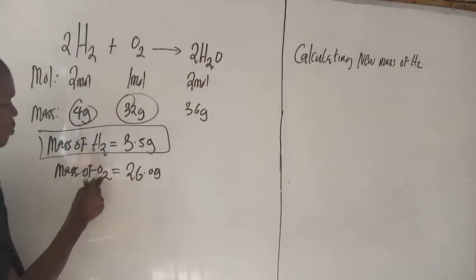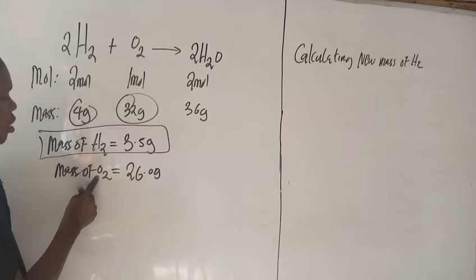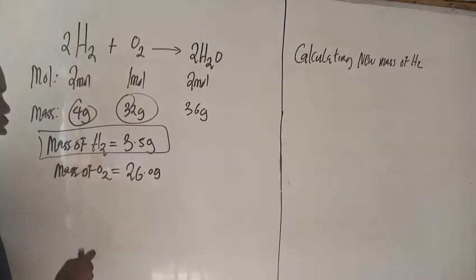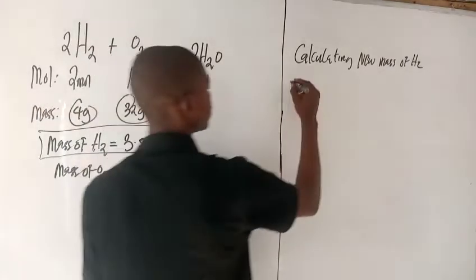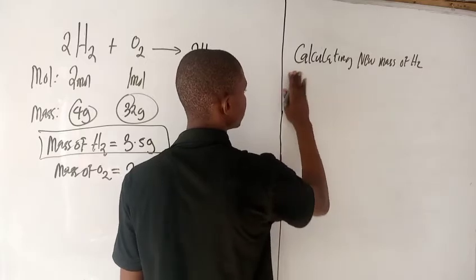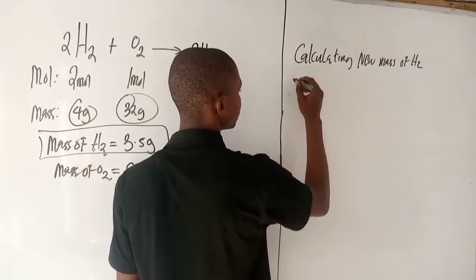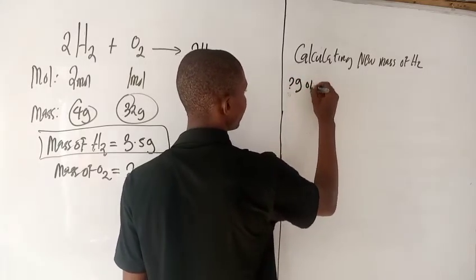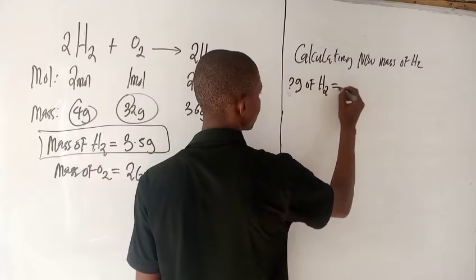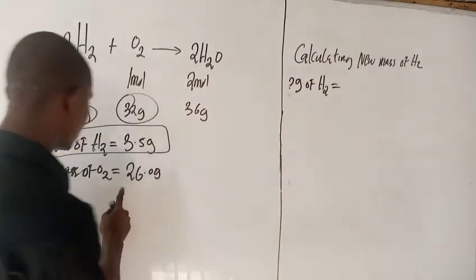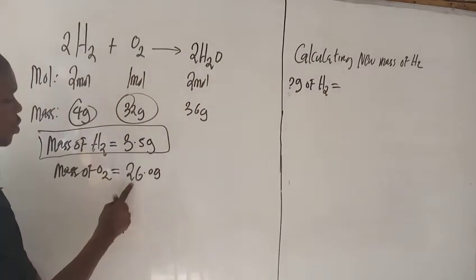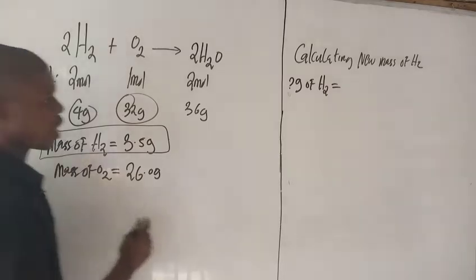So we are going to use the mass of O2 to calculate the mass of this one here. If you do that, here we have gram of H2 is equals to, we are using 26.0 gram of O2 to calculate it.